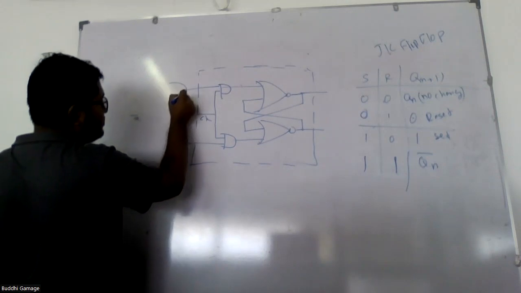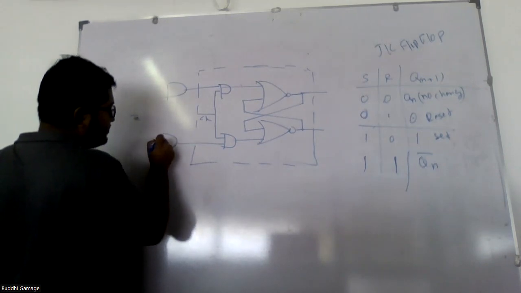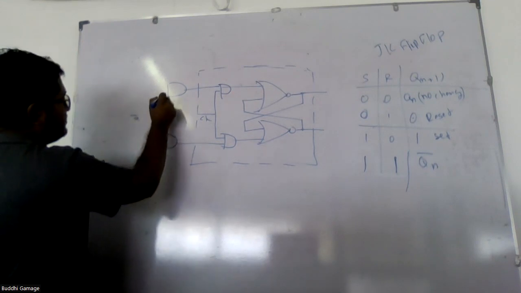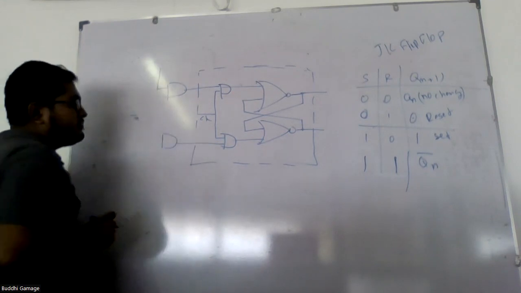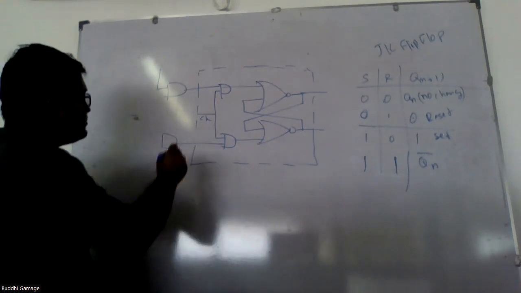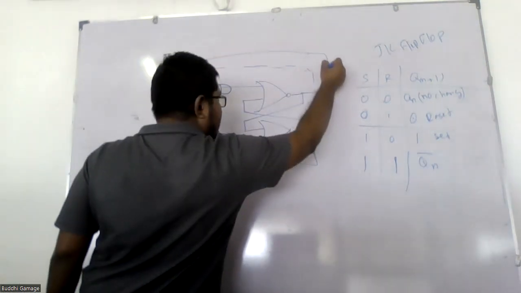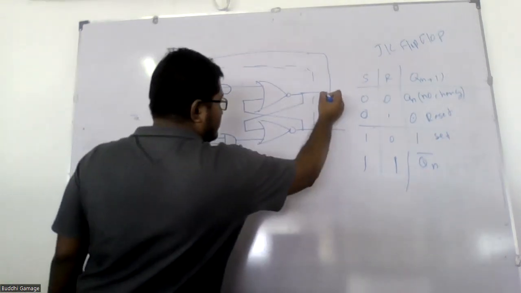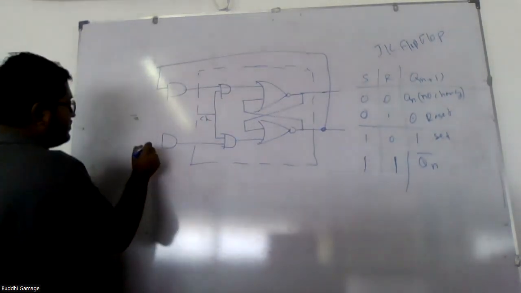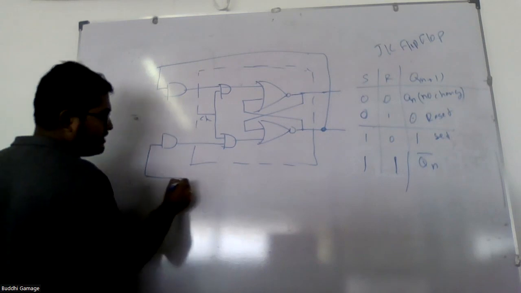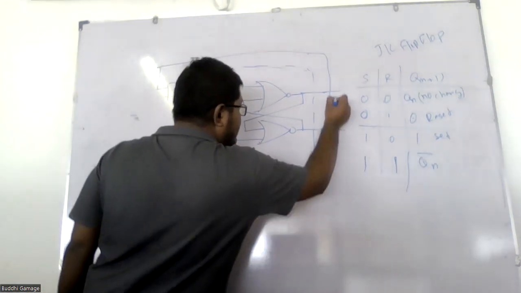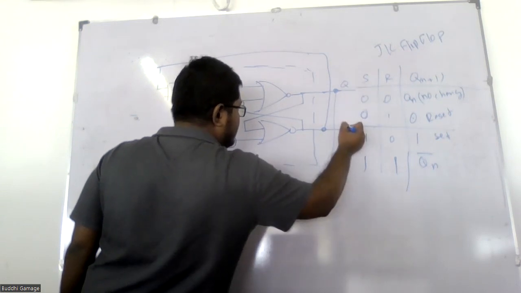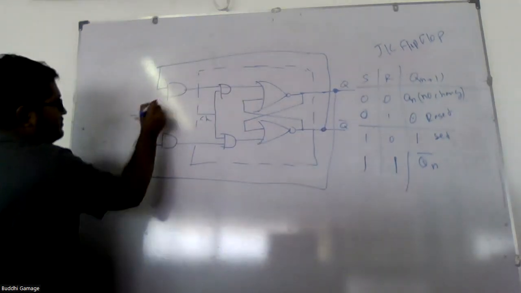So what you can do is put another two AND gates, right? This particular input is connected with this one, and this particular input is connected with this one. Here, this is our Q bar.